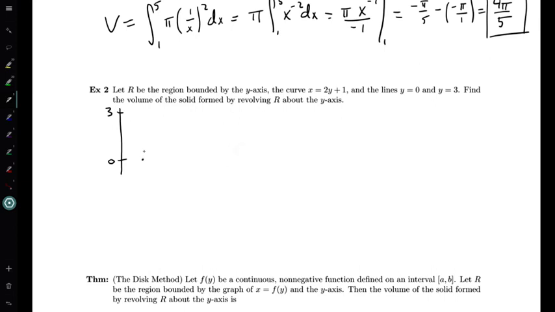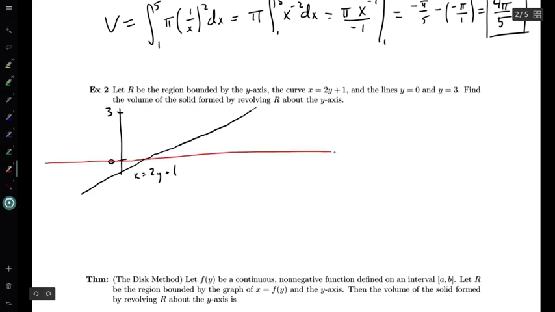So if I go up 1, I have to go over 2. And so that means that the curve looks something like this. So that is my x equals 2y plus 1. Maybe let's put these other lines here in, let's do red. So that's my y equals 0, and here is y equals 3.